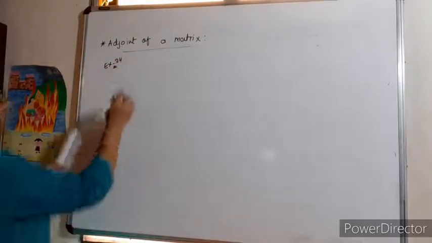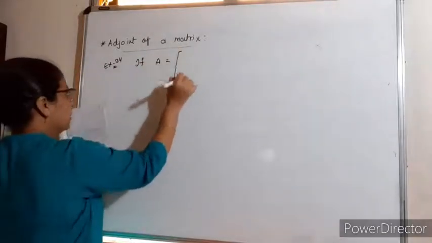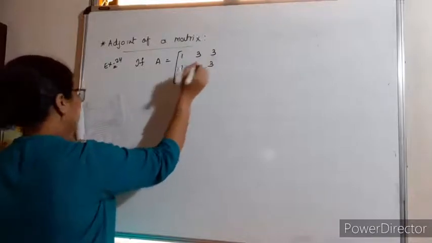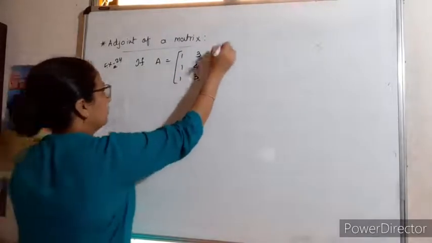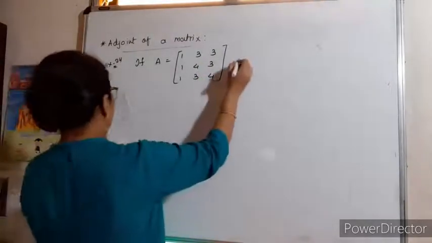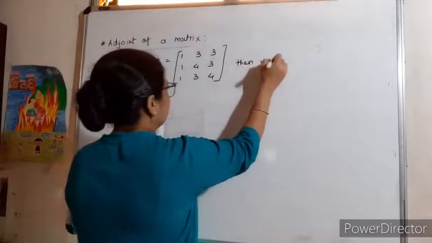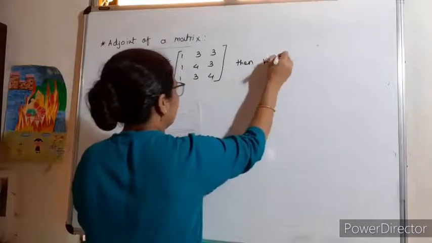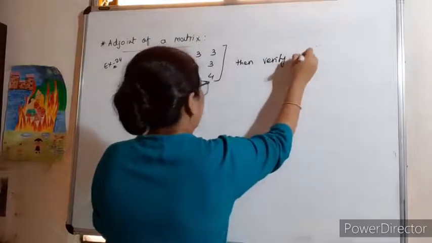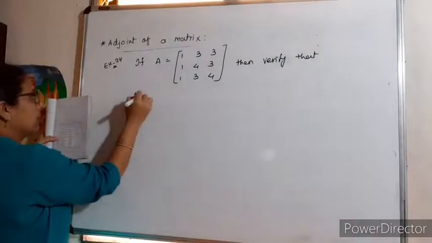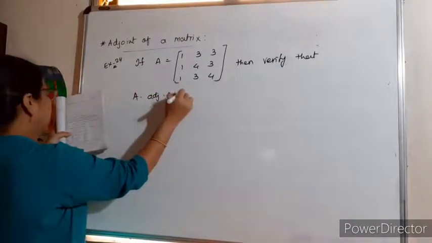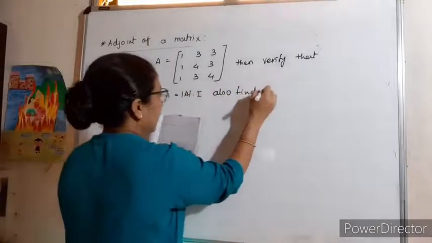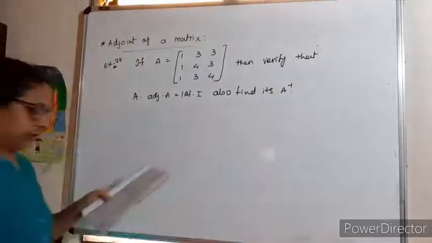Example 24. If A is the matrix 1 3 3, 1 4 3, 1 3 4, then verify that A into adjoint of A is equal to determinant of A into I. Also find its inverse.